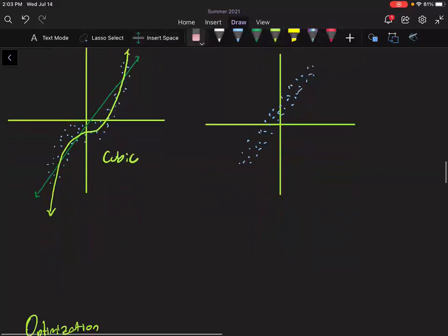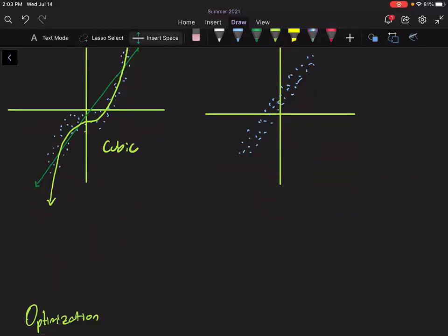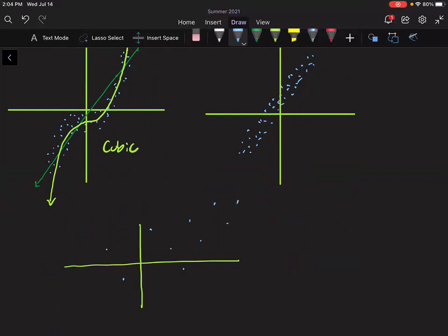So if you didn't have that much data, so let's say your data points look something like this. You don't have that much data, but it kind of looks like you should use a line that looks like this. That would be a pretty good fit for your data.